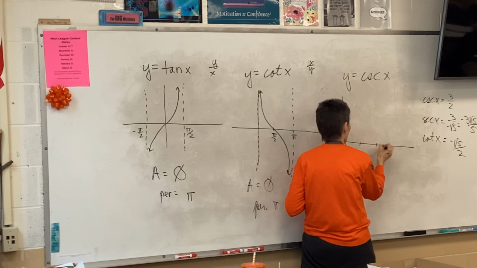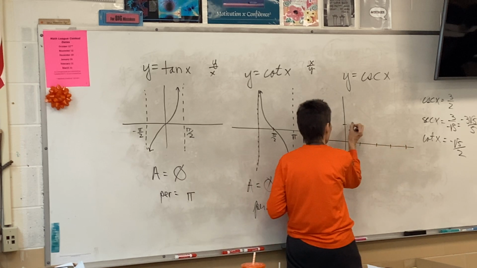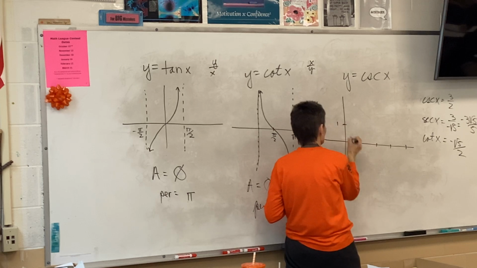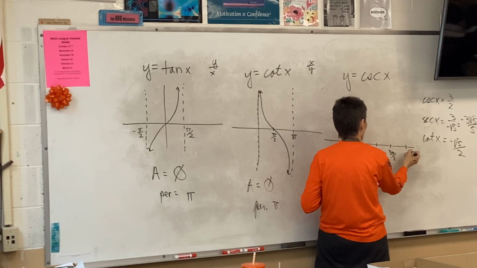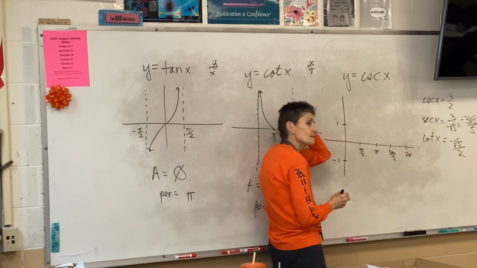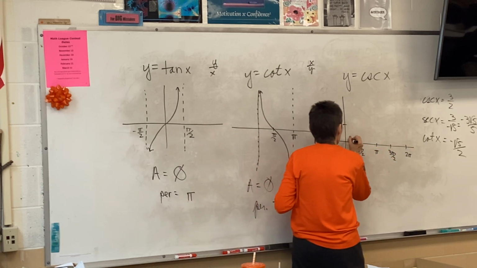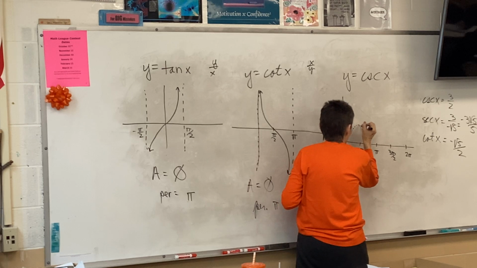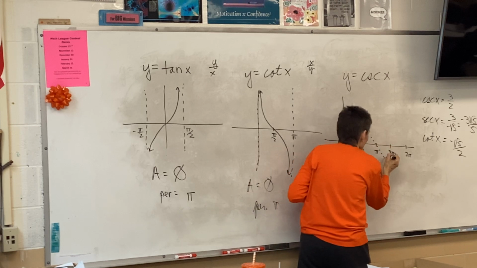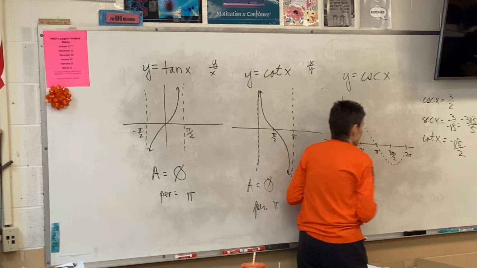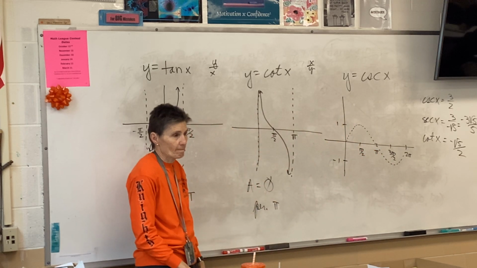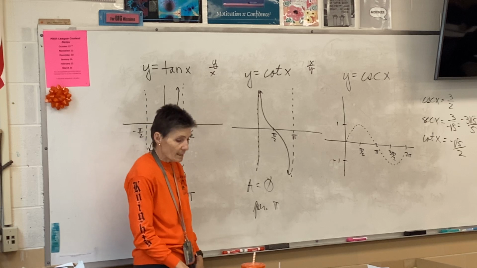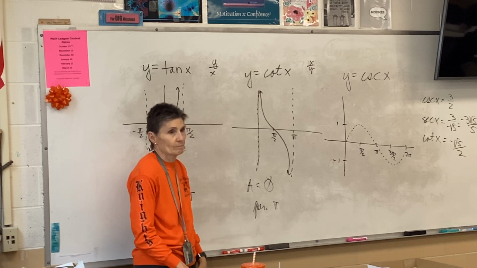I want you to draw your sine curve. So draw your regular old standard sine curve. I'm going to draw it with kind of a dashed line. That's my sine curve. Does that make sense to you?